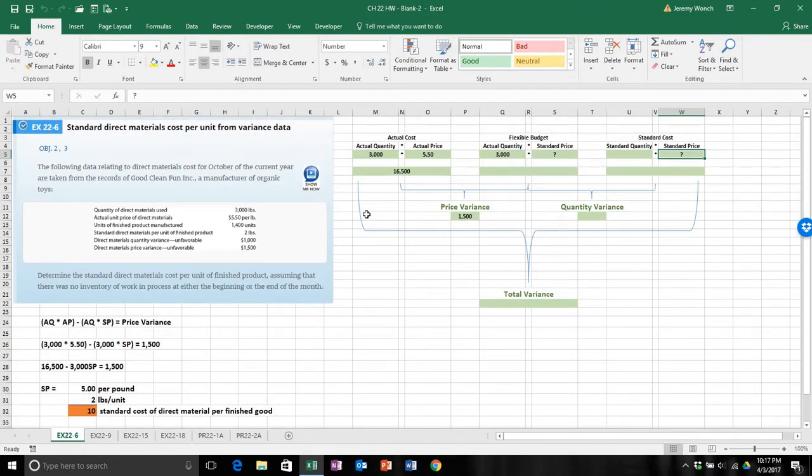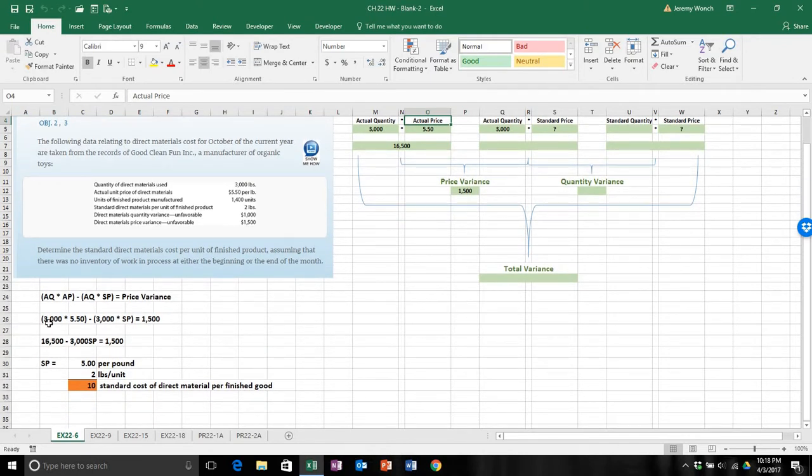If we're trying to figure out our standard price, and it gives us information on our actual quantity, actual price, and then it also tells us what our direct material price variance is, which is $1,500, based on this we can write our own little formula here. If we take our actual quantity times our actual price, so actual cost, subtract out our actual quantity times standard price, which is this over here, that is going to equal our price variance, which is $1,500.